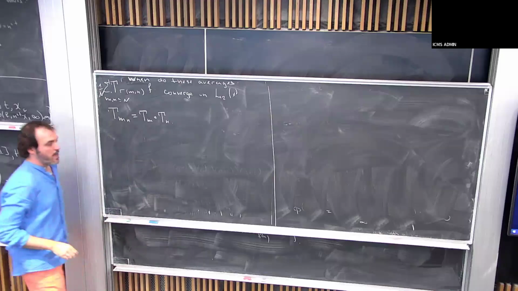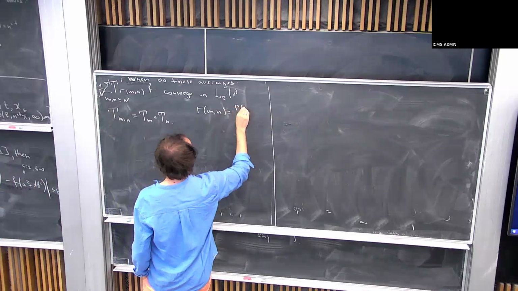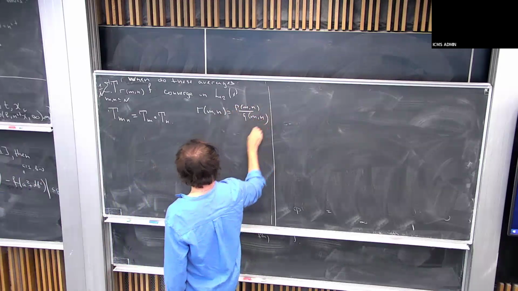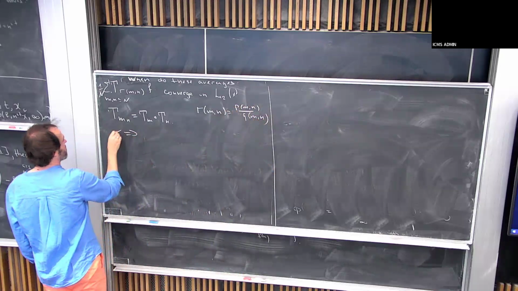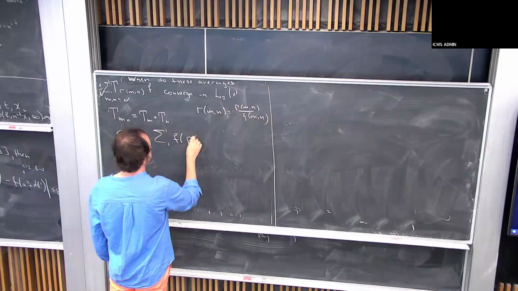Essentially this question, let me write it as a ratio of polynomials, is equivalent, morally, not even morally, but equivalent, to understanding these types of correlations.